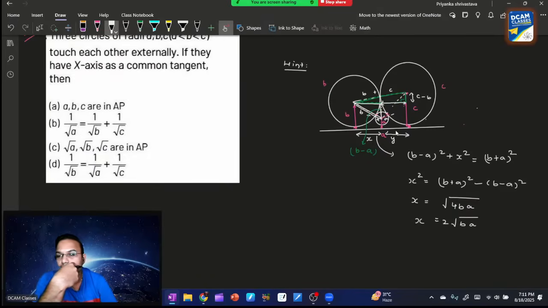Now, could you solve this question? See, like I have found out the value of x. The only thing you have to do is find out this value of y. Other thing is in the green triangle, you know this is B plus C, this is C minus B. If you get this, your work is over.